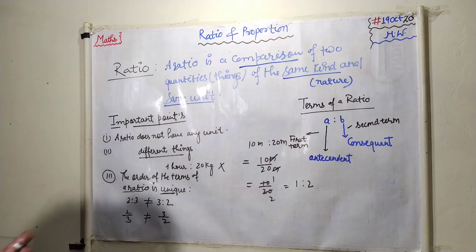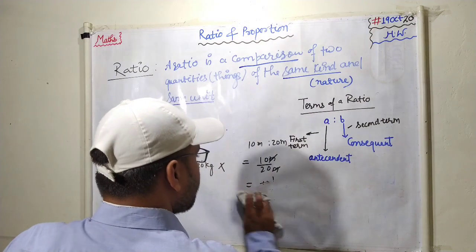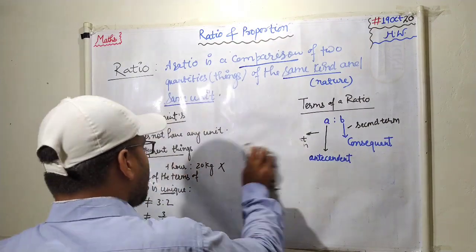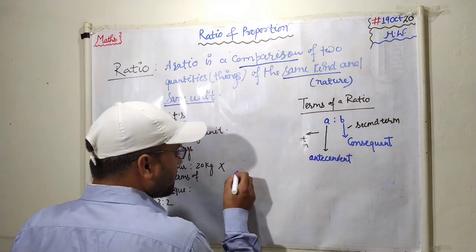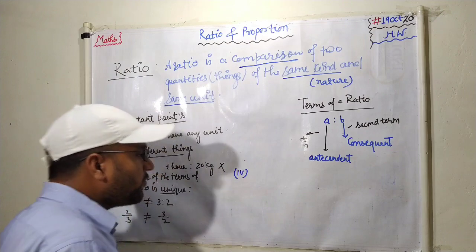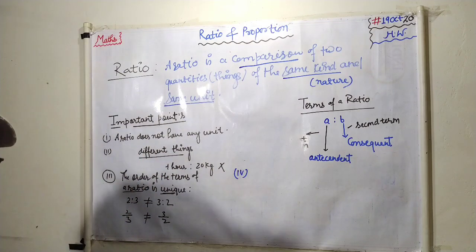Now the fourth property. The fourth one is you will always write the ratio in its simplest form.